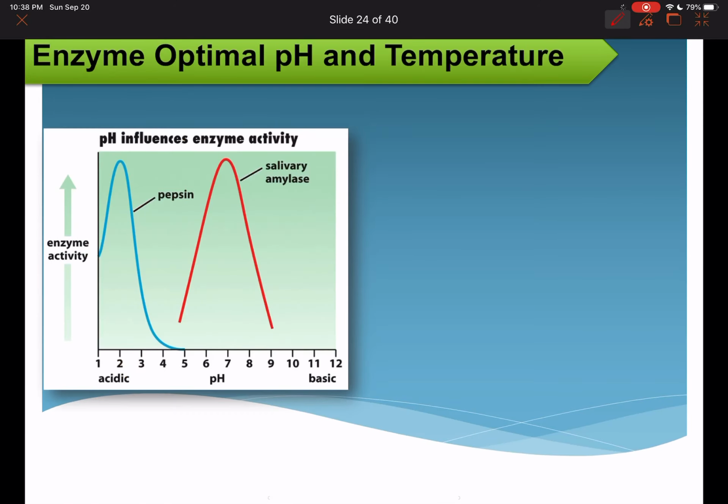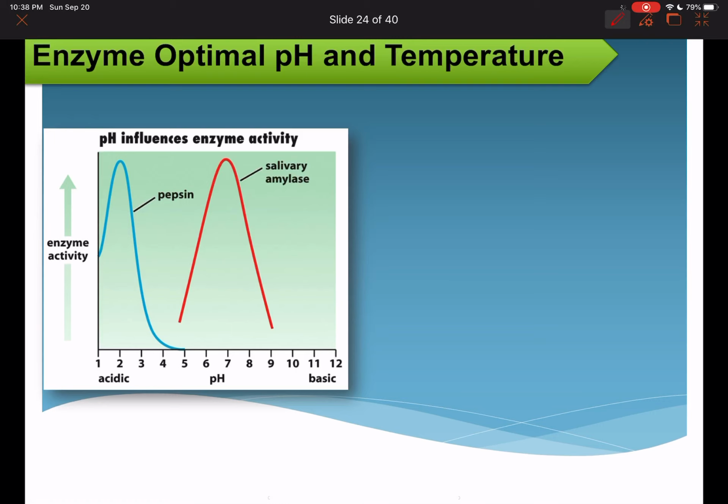Okay, all right. Interestingly, though, after we talked about all that, different enzymes may have different optimal pH and temperature conditions. It all depends on where or what the enzyme is working with for its original purpose.